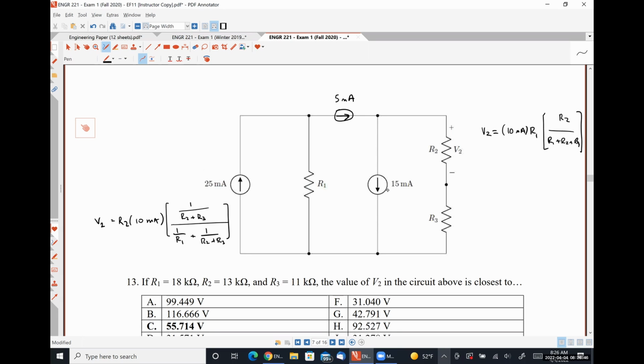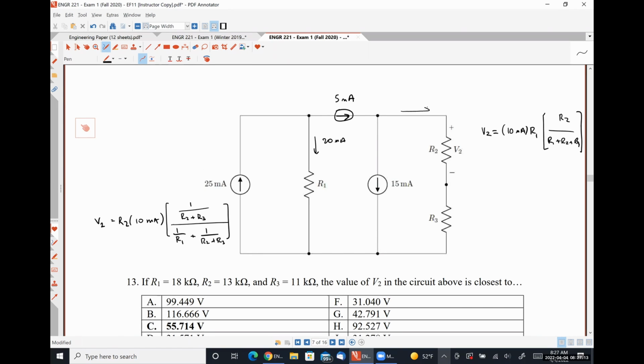What it changes specifically is that our 25 milliamp current source and our 15 milliamp current source are no longer in parallel. So we can't actually combine any of the current sources because there are no current sources in parallel. However, what it would allow us to do is to apply Kirchhoff's current law. By that, I mean this current flowing down is obviously 25 minus 5, or 20 milliamps.